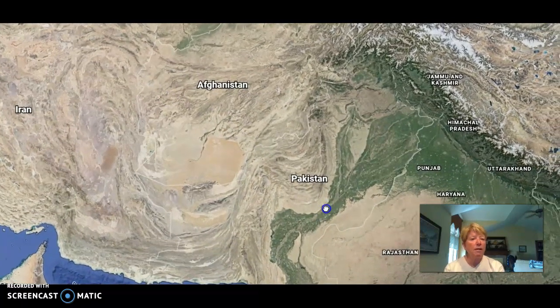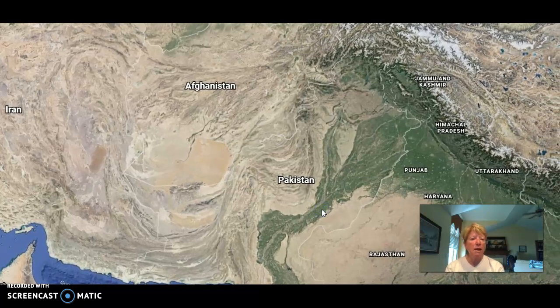The Indus River Valley is unique because it's believed that that's where the earliest civilizations of Harappa and Mohenjo-Daro are, and what we can see here is that it is outlined by these huge mountain ranges that really cut off the subcontinent of India from other parts of Asia. The Indus River is really the lifeline in modern-day Pakistan.